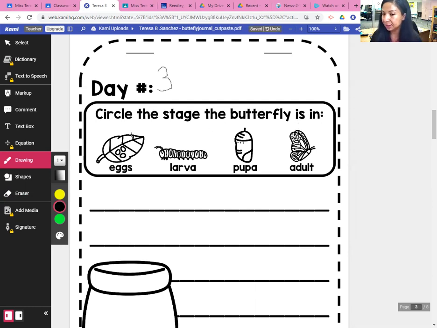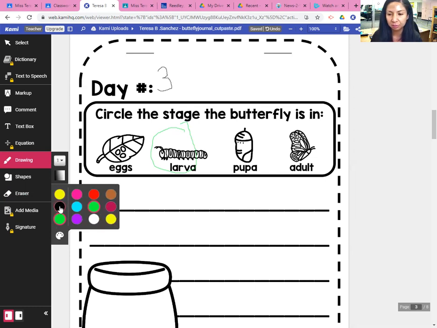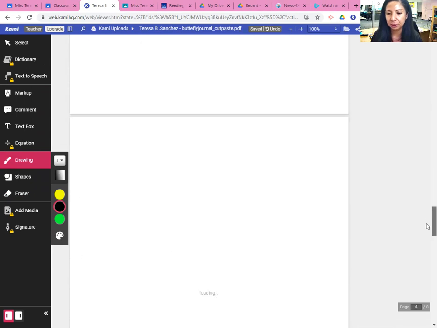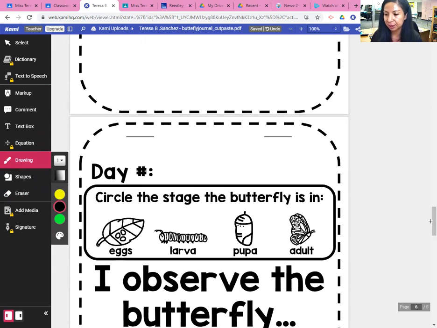They're not butterflies yet, they're caterpillars, which is the larva stage. If you want, you can change the color of your pen. You can circle in a pen, pencil, crayon. Then we'll write a short sentence. What are the caterpillars doing right now? We can look at our words to get some ideas.